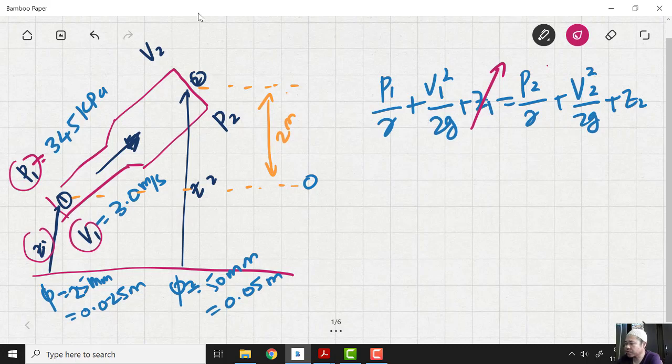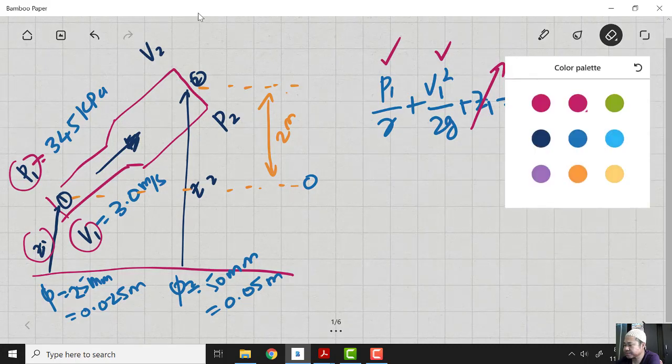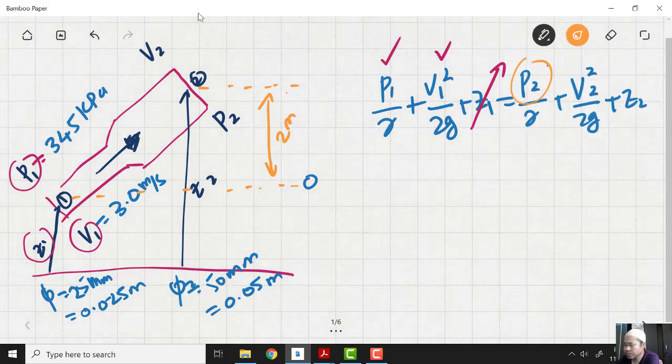Okay, what is given to us in the equation? The first one is you need to symbolize the equation. The second one is you need to find the known and the unknown. The known here is they have given us the value of P1 and also V1. In this question they want us to find P2, the value of P2.